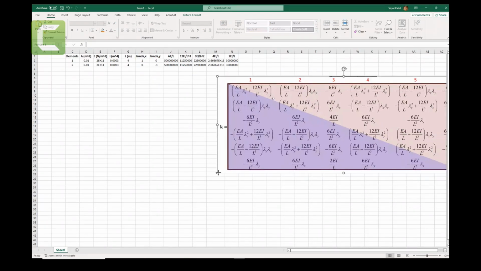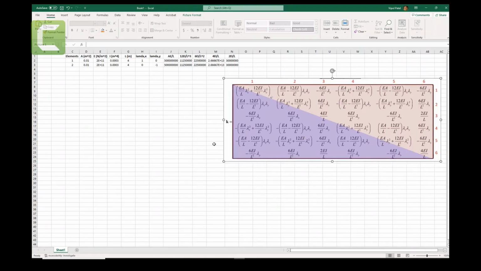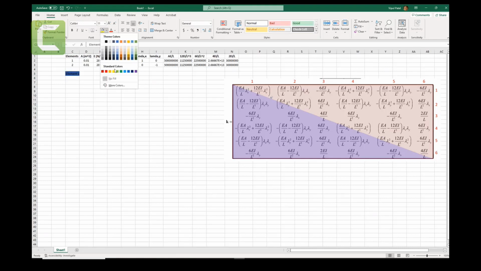Let me close it off a little bit more. Here you go. So we will have element number 1. Let's put some coloring. Let me put element 1 and K1. So for K1, we would have these ones here.